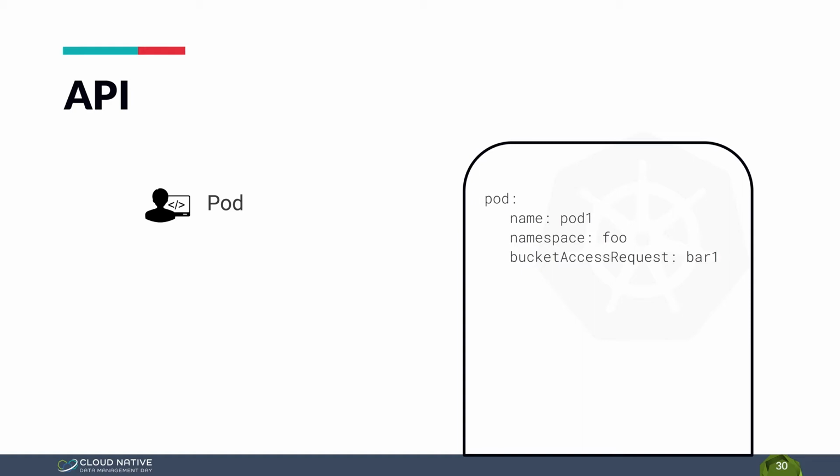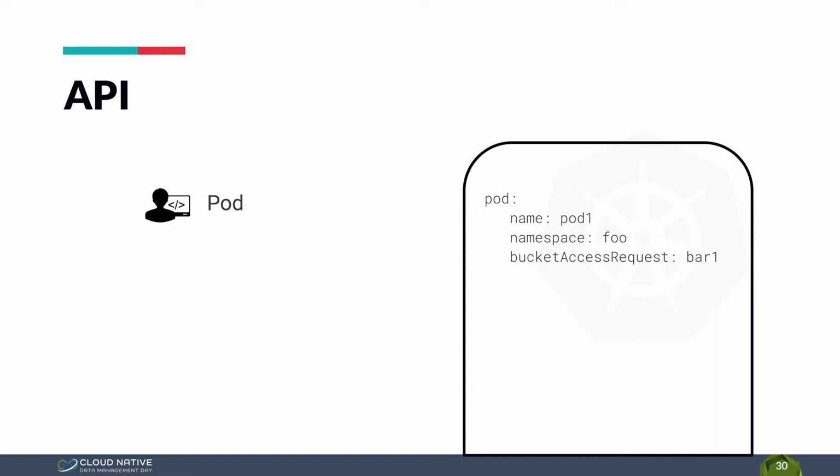Now, so far, if you've been following carefully, you might notice that all of the operations were driven by the developer. There really wasn't any need for an admin so far. I'm pointing it out because this shows that COSI actually enables a self-service model of using buckets.